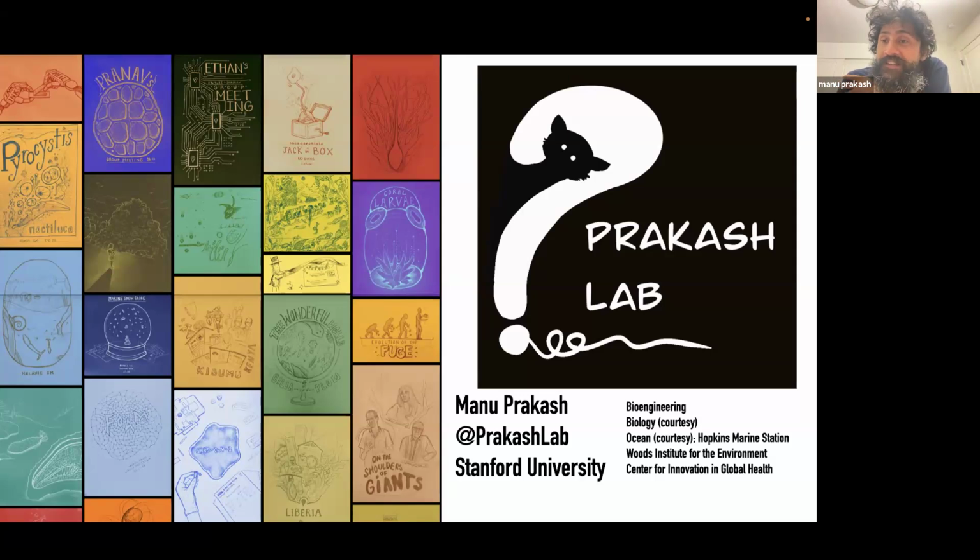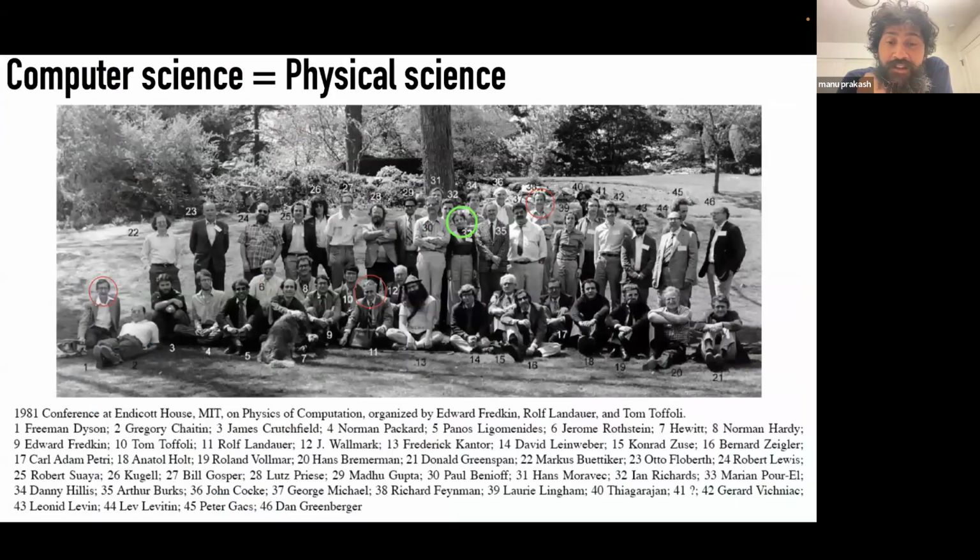Before I start, I want to tell you all how I started my academic career. I started my academic career thinking about this photograph. I was a computer science undergrad, interested in physics of computation. And in 1981, a famous meeting happened, primarily focused on physics of computation, where people were starting to ask about the physicality of information processing.